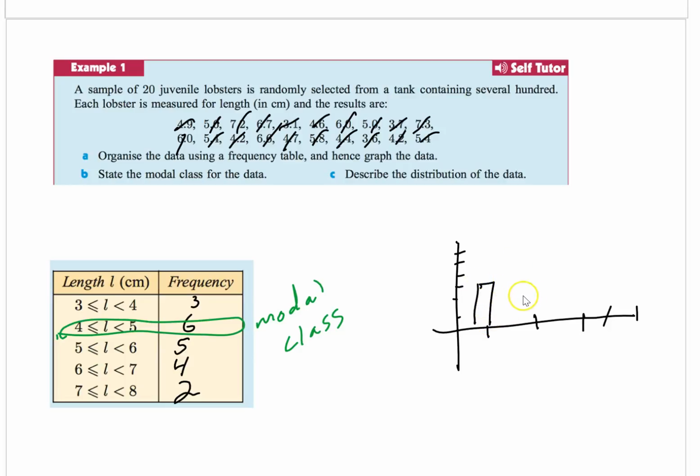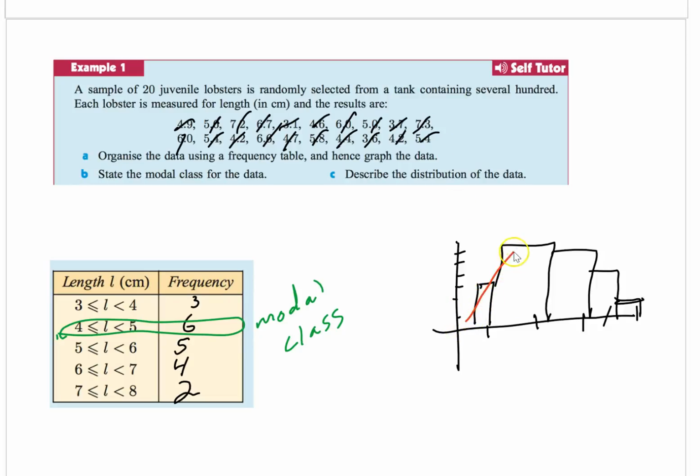This is continuous data, so I should make it all connected, but I'm going to have a hard time doing that. This one goes to 6. I'm going to try to make it all connected. This one goes to 5, so let's go around there. The next one goes to 4. The next one goes to 2. So essentially that.